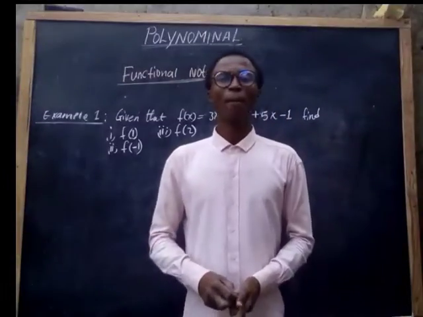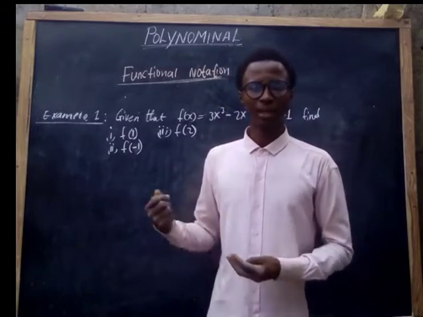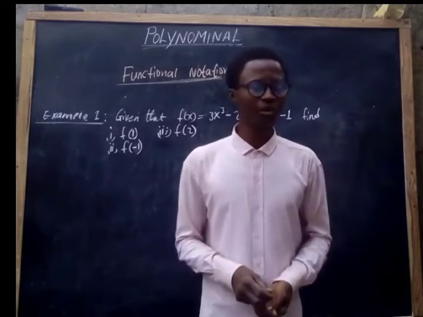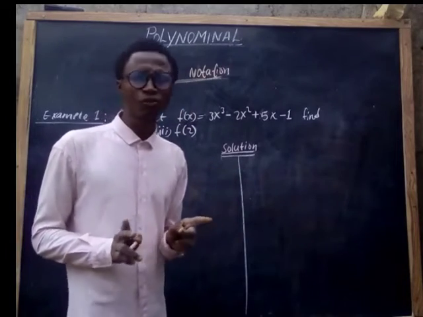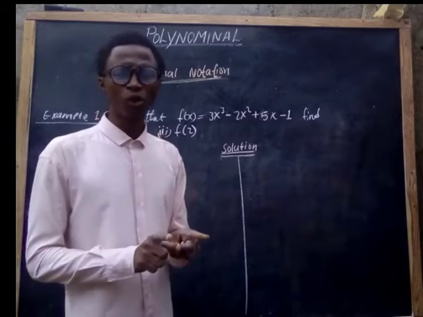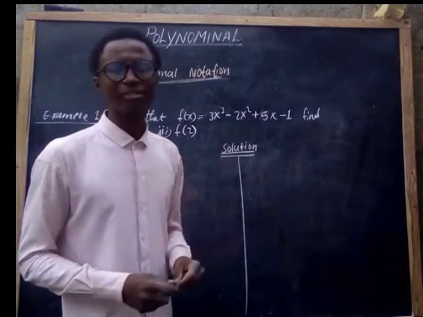Before we continue, let me give you a brief explanation. First of all, in functional notation, they will give you a function, and they will tell you the value of x. For example, here you see f of 1. This 1 is the value of x.